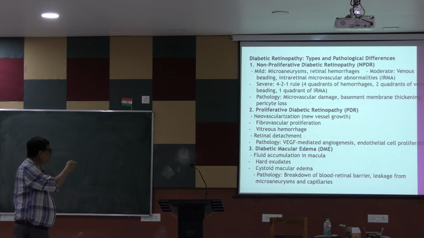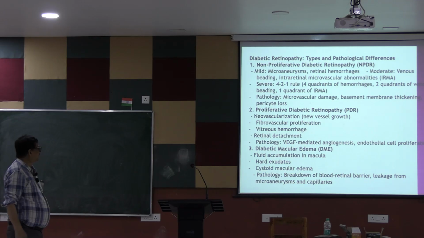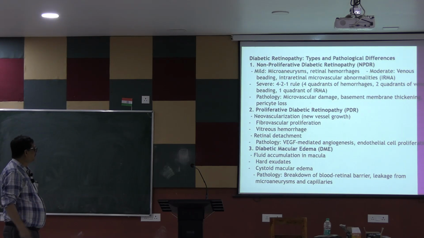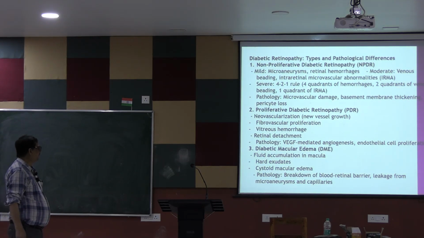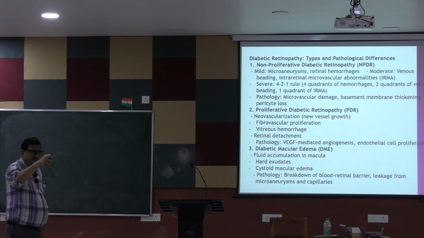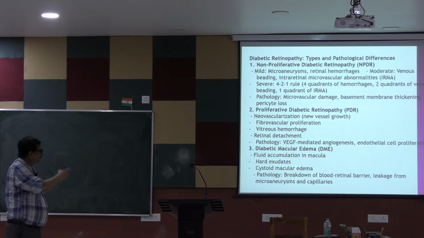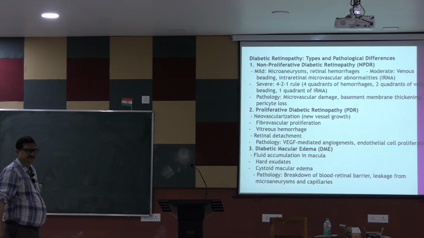So this neovascularization, new vessel growth, ultimately leads to fibrovascular proliferation. When there is fibrosis, these proliferations pull up the retina, so there will be a vitreous hemorrhage, ultimately retinal detachment.